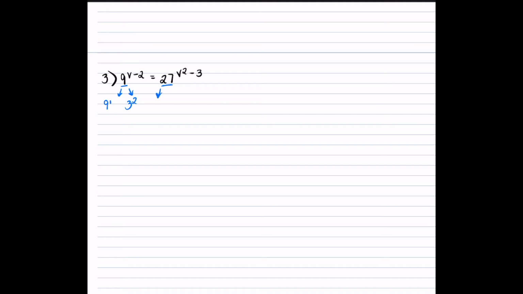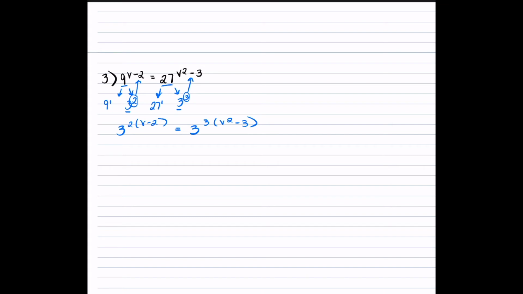For 27, you can do 27 to the first, or you can do 3 to the third, because 3 times 3 is 9, times 3 again is 27. So now we have these similar bases with these new exponents that we need to multiply to our old ones. So this then turns into base of 3, 2 times v minus 2 equals base of 3, 3 times v squared minus 3.